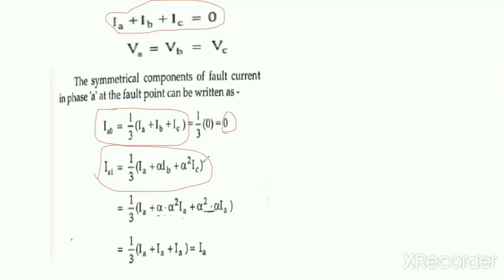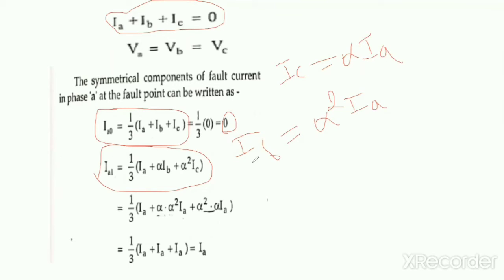We are replacing the IB value: IB is equal to alpha square into IA. Next, replace IC is equal to alpha into IA.